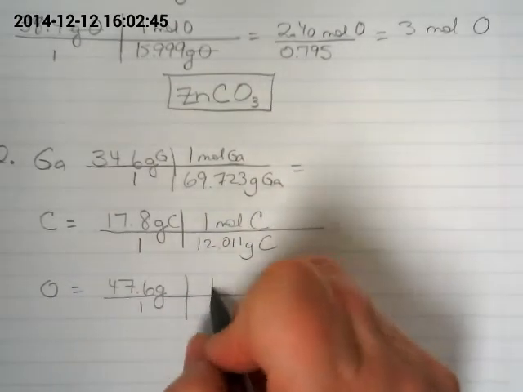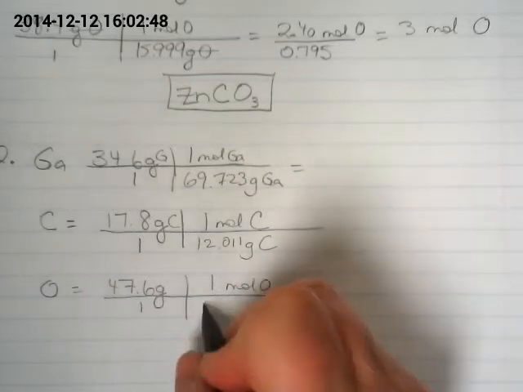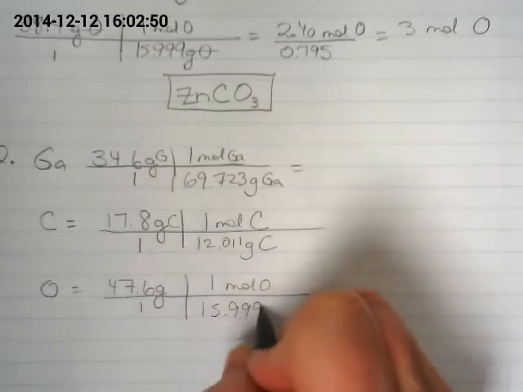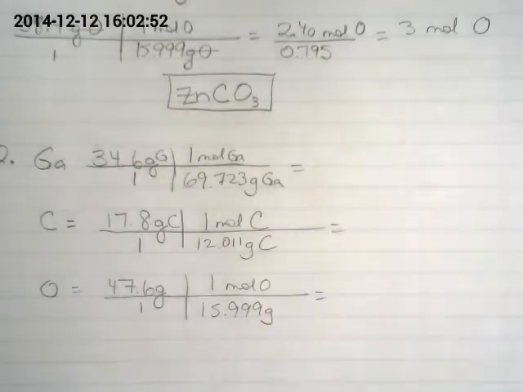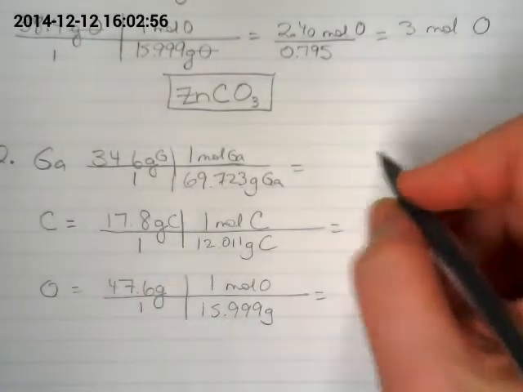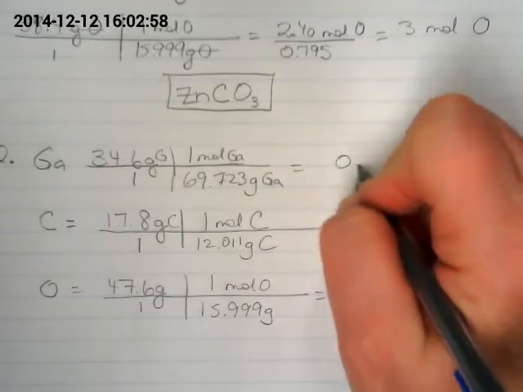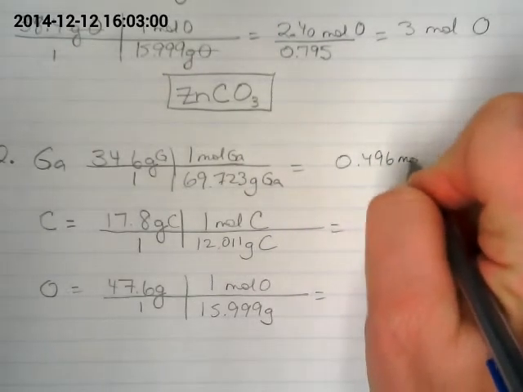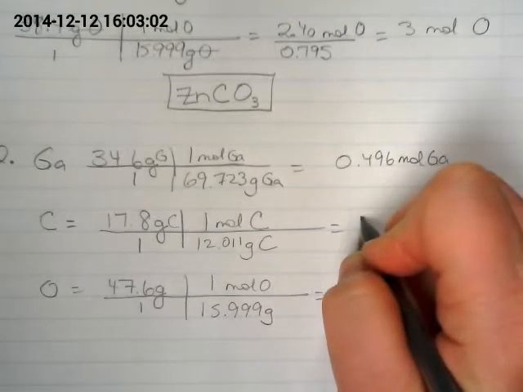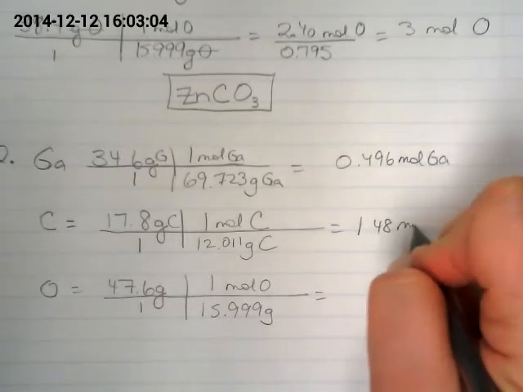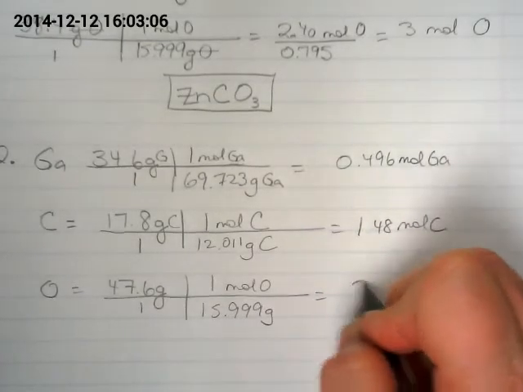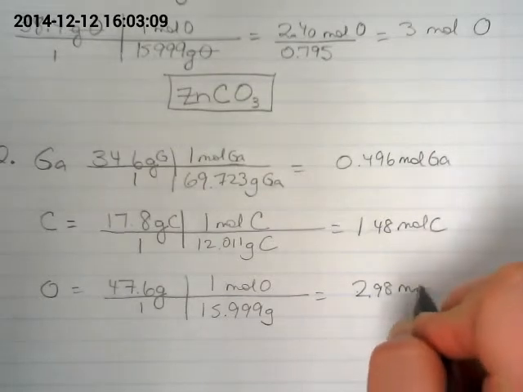And the molar mass of oxygen, 1 mole of oxygen, is 15.999 grams. Now we're going to do all the math and see what the numbers look like. We get 0.496 moles of gallium, 1.48 moles of carbon, and 2.98 moles of oxygen.